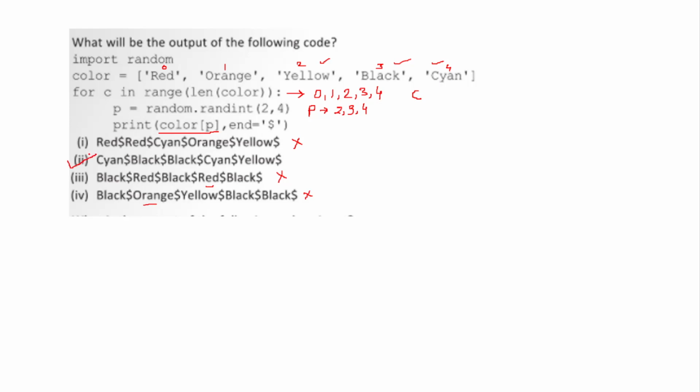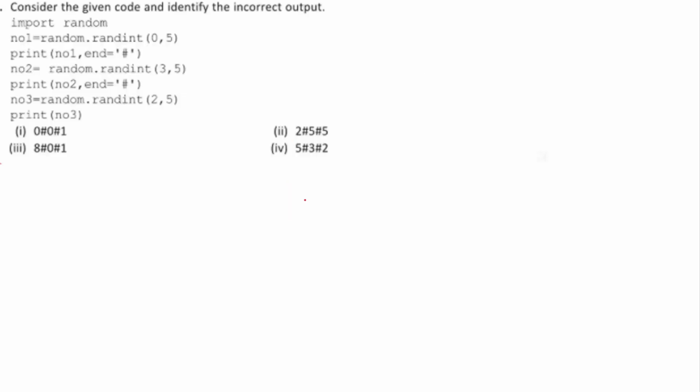Now in this particular question, one more thing we have to see is that the ending part is a dollar symbol. That means after printing every item, dollar should come. Normally in one illegal option, they will remove the last dollar, so you have to take care. I think you have understood. We'll go to the next question.